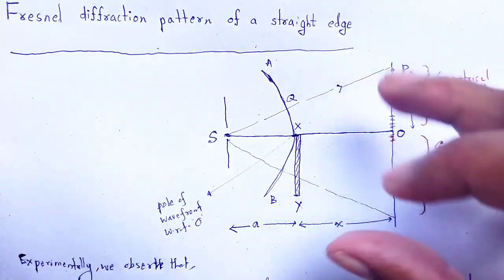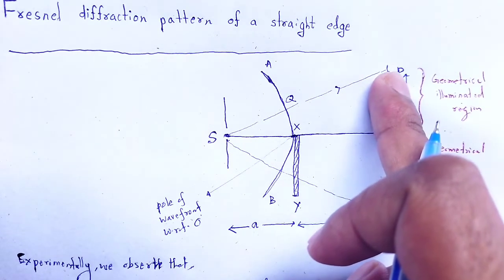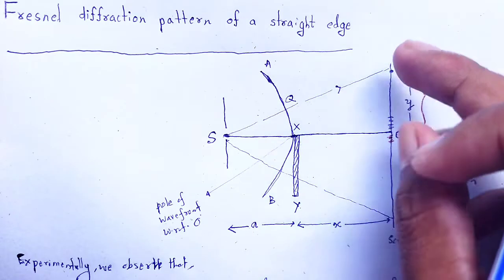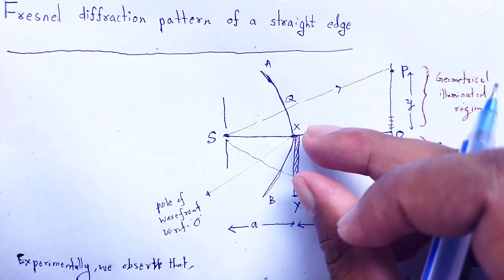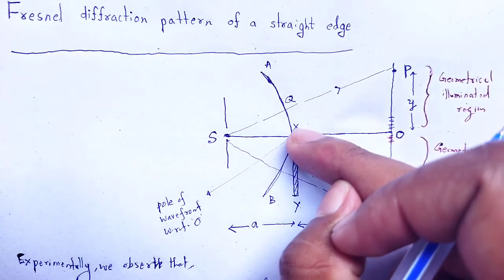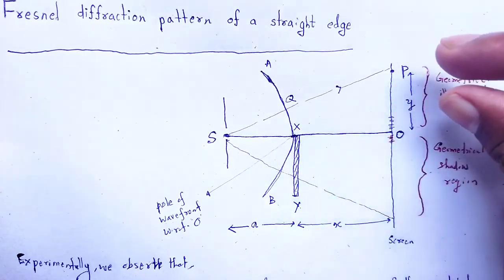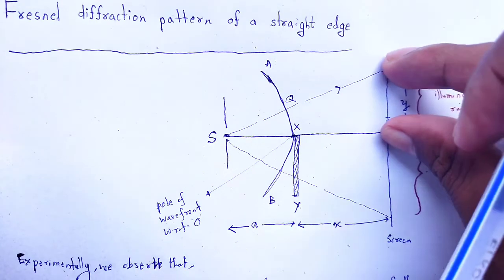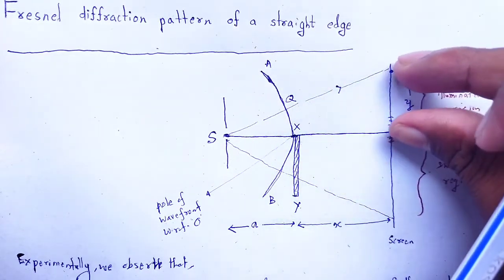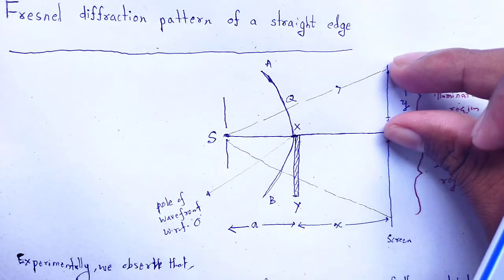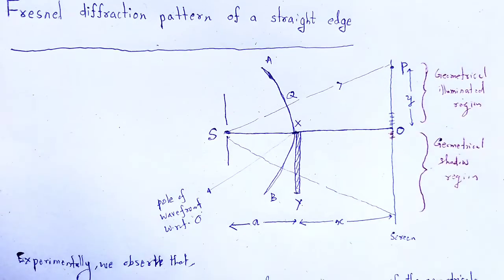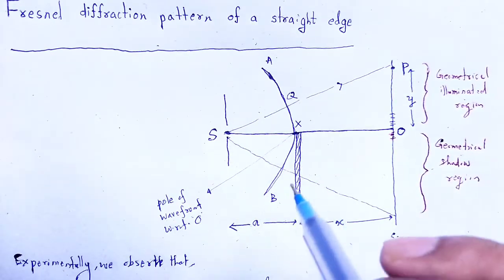That depends upon the number of half period zones found in the region from point X to point P. Inside this region, the number of half period zones we find decides what the intensity at point P will be due to that particular wavefront.